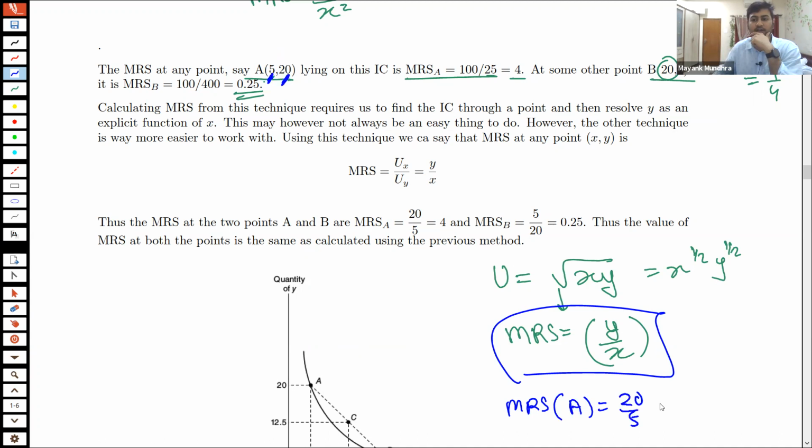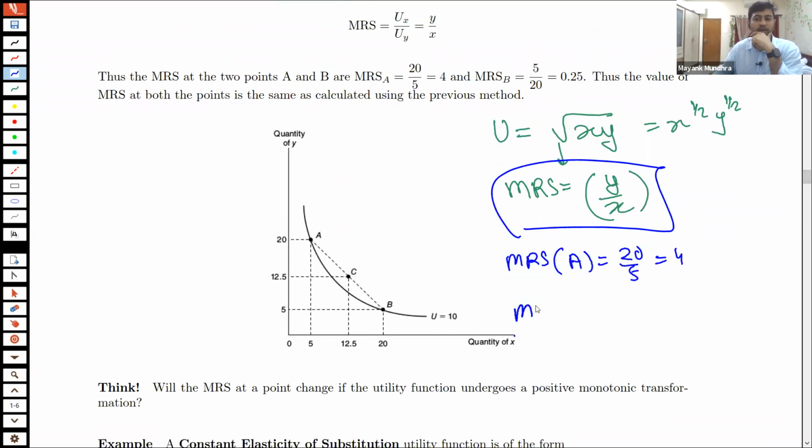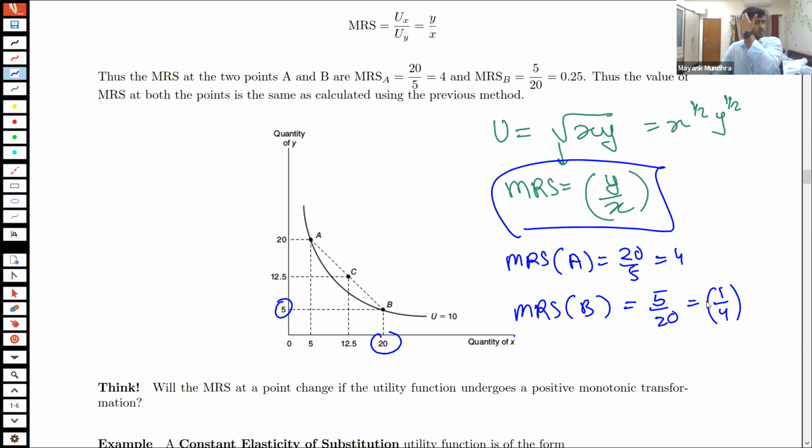So 20 by 5, which is equal to 4. And similarly, MRS at point B, which is 20 comma 5, would be equal to 5 by 20. So that is 1 by 4. So the MRS here is 4, MRS here is 1 by 4.